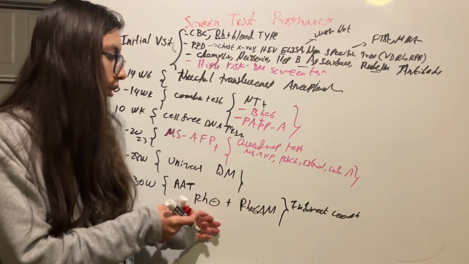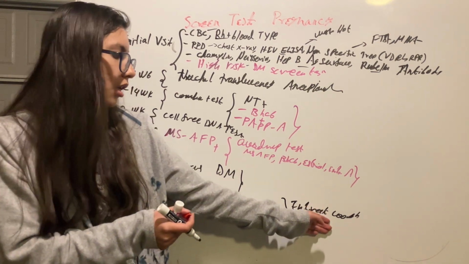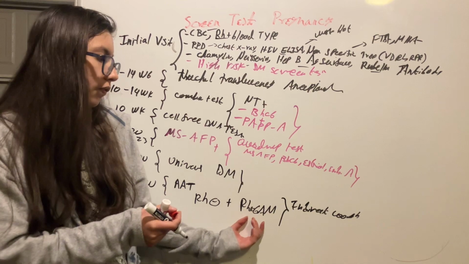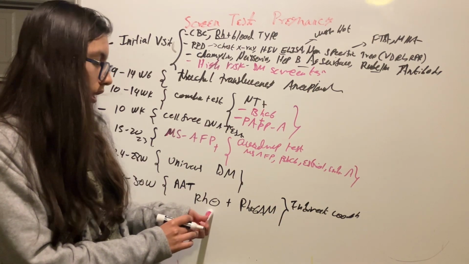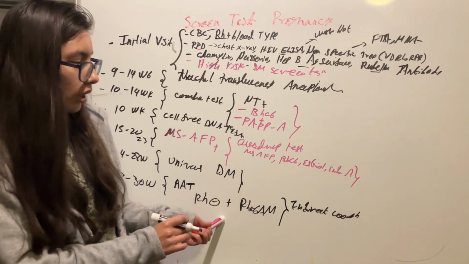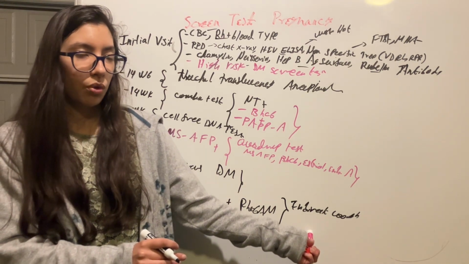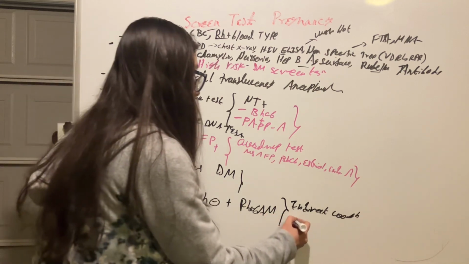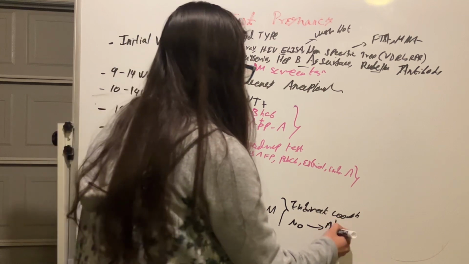To evaluate that, we do the indirect Coombs test or atypical antibody test before administering RhoGAM. If she is Rh negative and she has not been sensitized, so if there is no atypical antibody, then we will administer the RhoGAM.